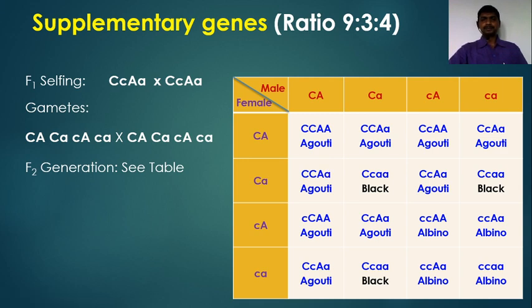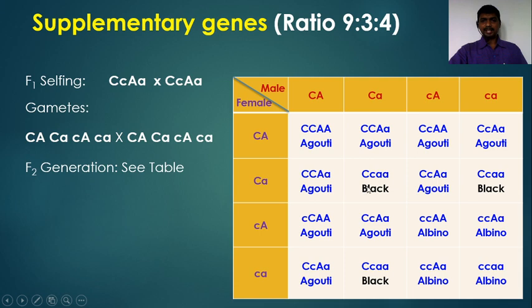Here this is the male side, this one is the female side. We get capital CC, capital AA, capital C, capital A, small a. In both cases the phenotype is agouti. Here is also agouti, here is also agouti, but here we found a different phenotype, that is the black.